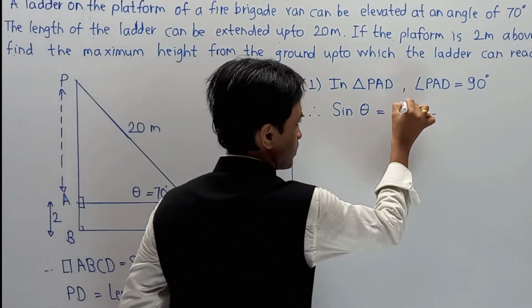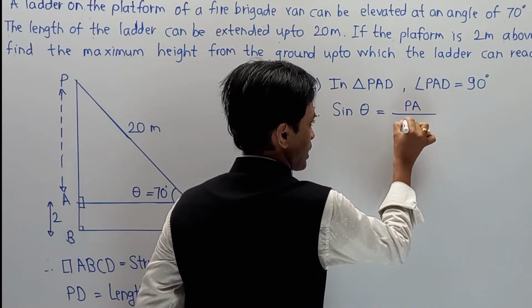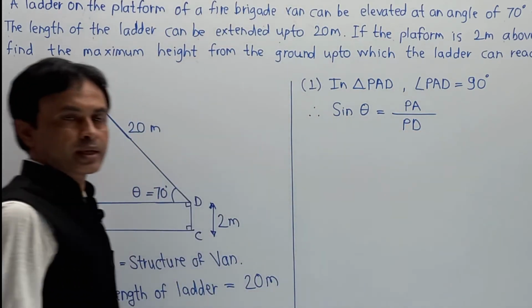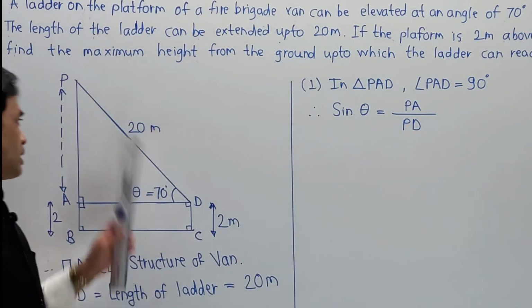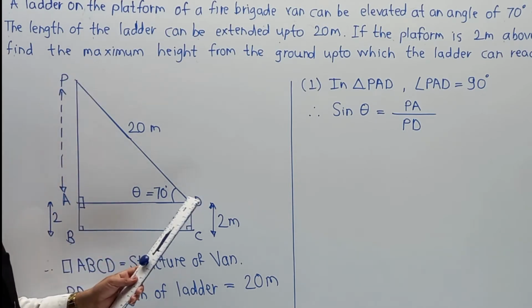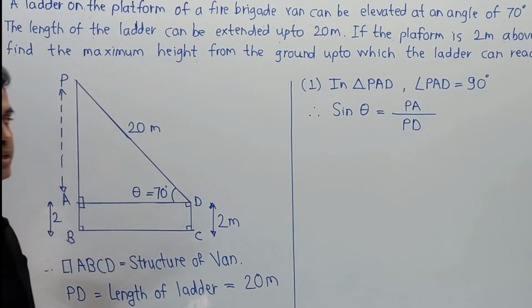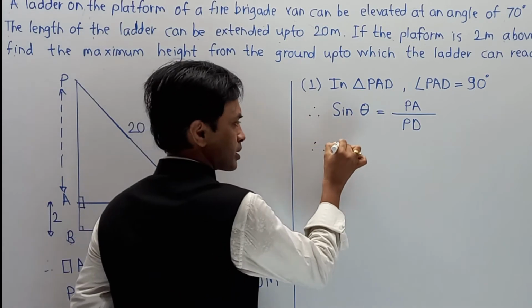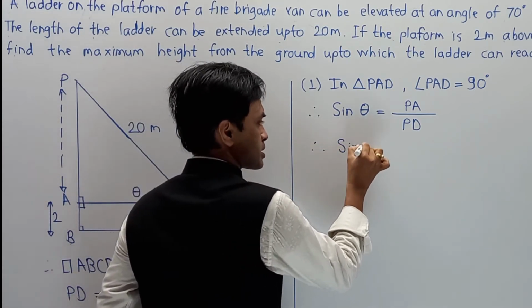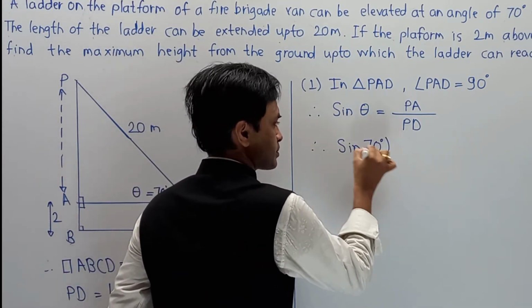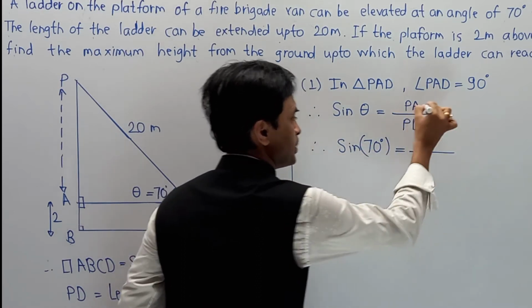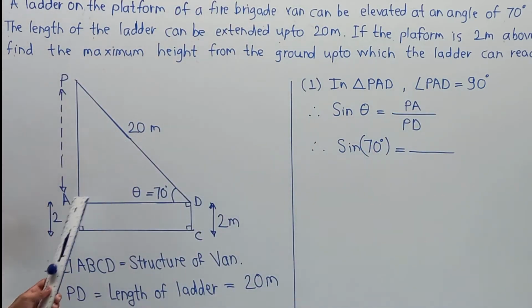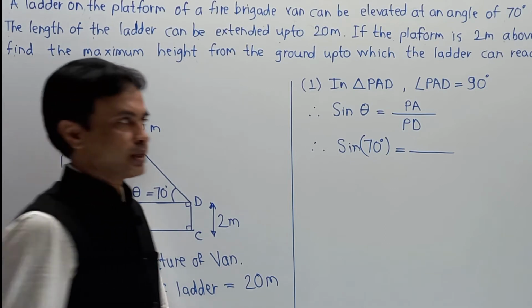So this value becomes PA upon PD. Next, sine theta, where theta is nothing but 70 degree. Therefore, sine 70 degree is equal to PA that we want to calculate, and PD is 20.